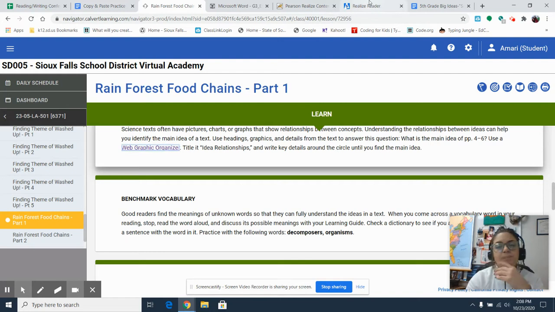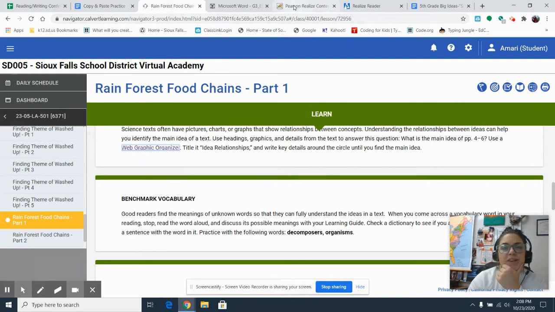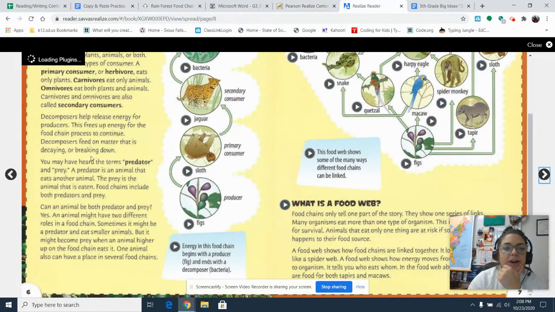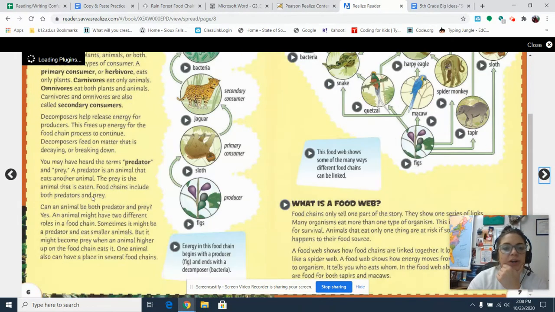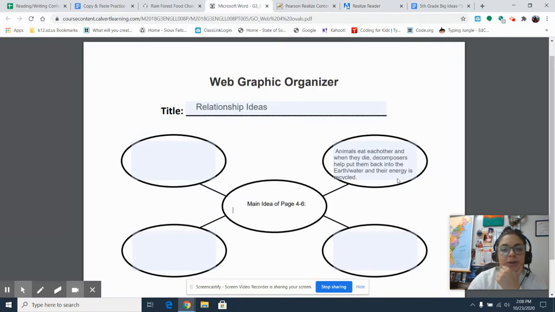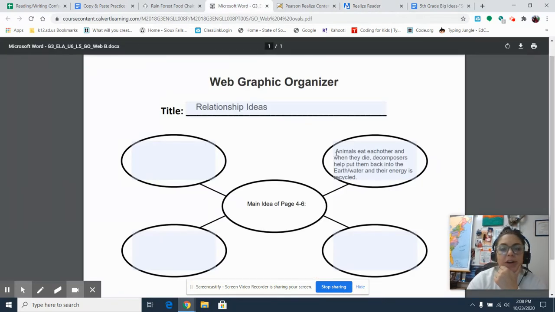So what I did was I started at the beginning when I was reading. I read all of this, and then I thought to myself, what are they trying to tell me here? And I went over to my web graphic organizer, and I said, animals eat each other, and when they die, decomposers help put them back into the earth and water, and their energy is recycled.